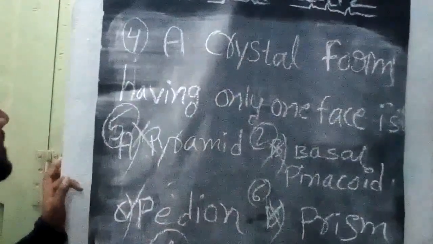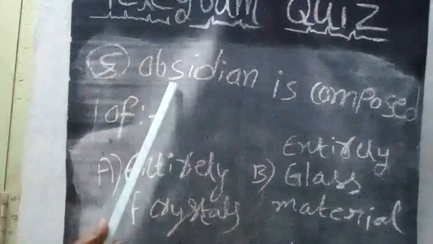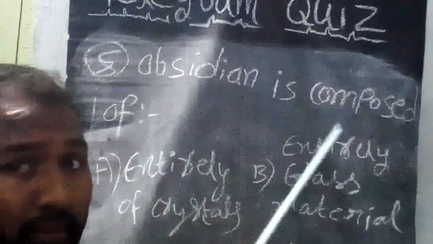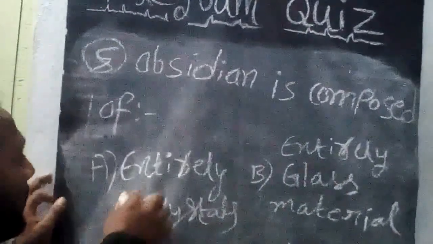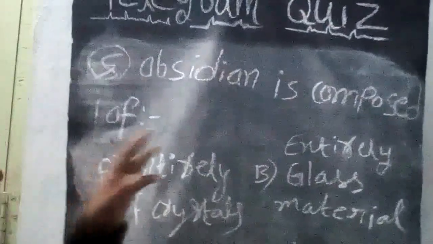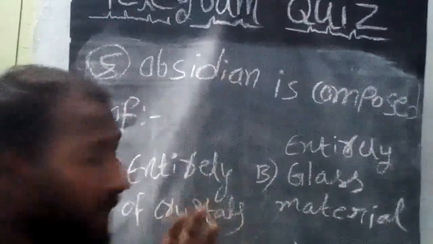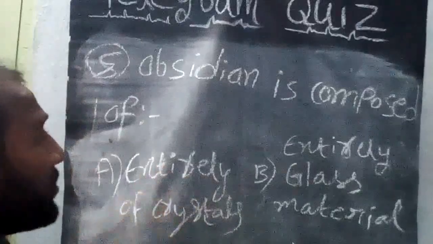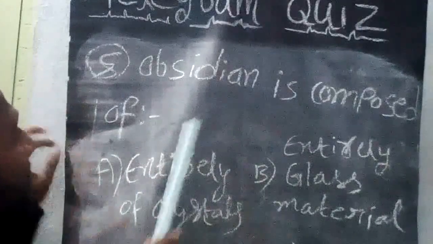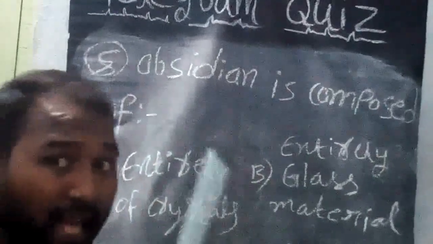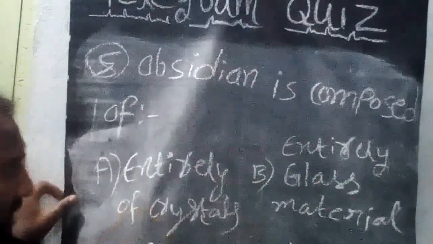So the fifth question: obsidian is composed of. First of all, obsidian is an extrusive volcanic rock composed entirely of glassy material. Here are the four options.